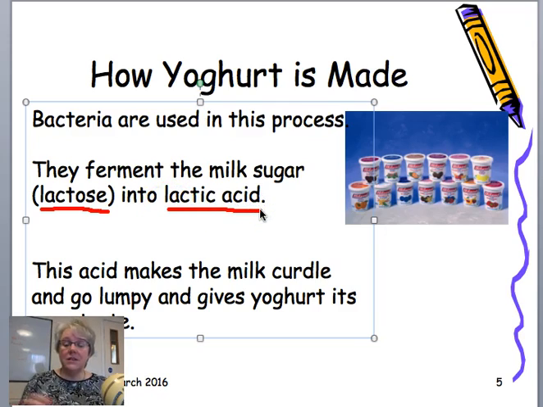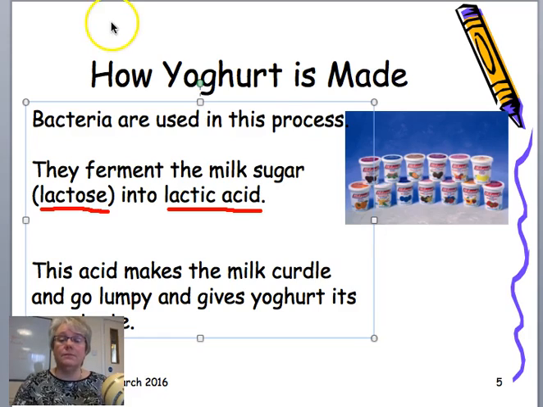Now, the acid that's there then makes the milk curdle. So it's the fact that it turns acidic that makes the milk clump or go lumpy, and it forms into yogurt. It also gives yogurt that slightly sour taste that yogurt has. But it's the actual bacteria that are involved in doing that process.